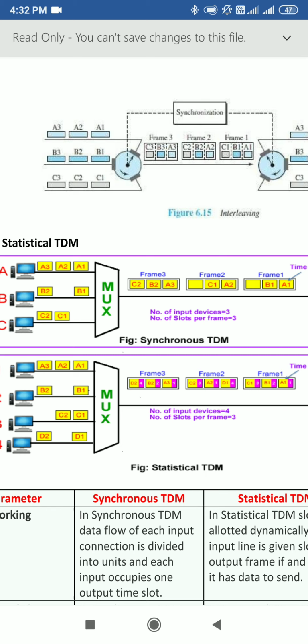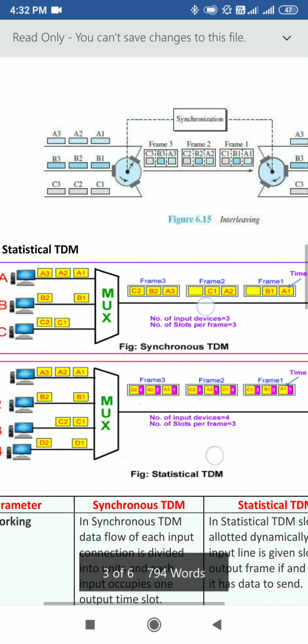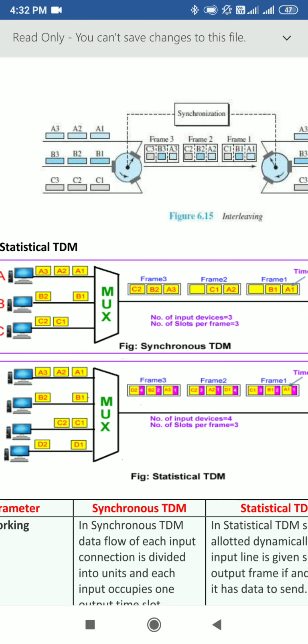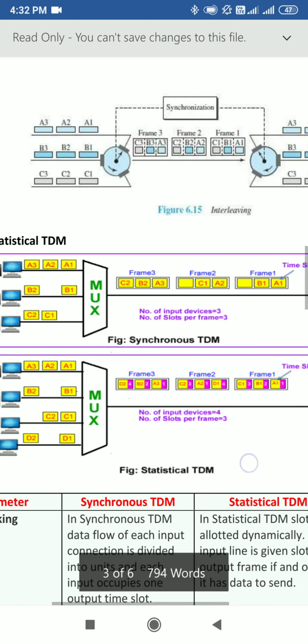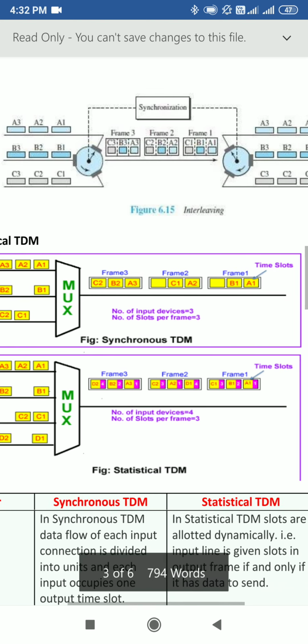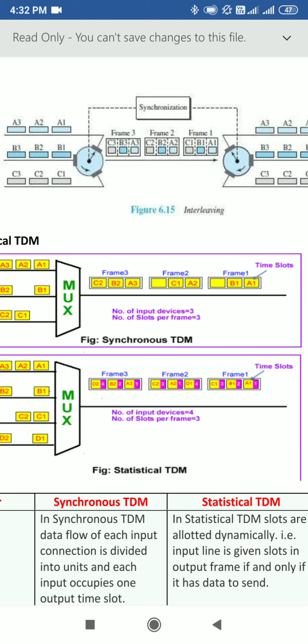You can just see the diagram. In the first cycle you have the data A1, then B1, then C1, and again you have D1. But see how the frames are formed: A1 1, B1 2, C1 3.